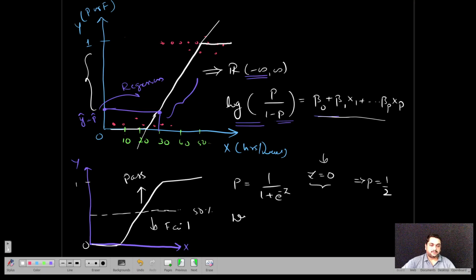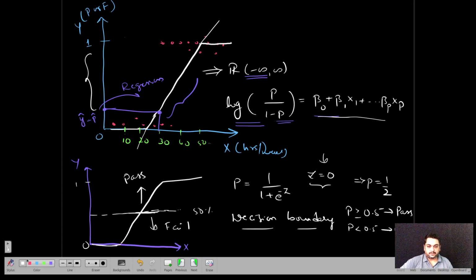So this is called the decision boundary. The threshold you're setting is called the decision boundary, because at this boundary only you are calculating whether pass or fail. So if p is greater than or equal to 0.5 or 50%, then you consider it as pass. If p is less than 0.5, you consider it as fail.